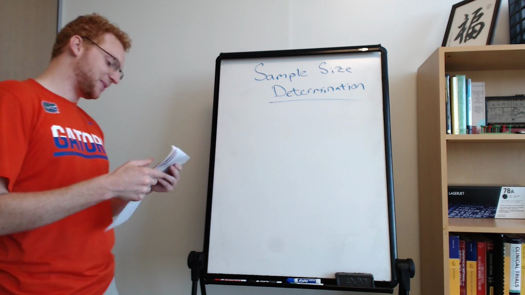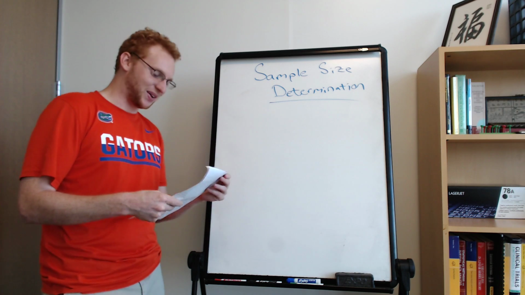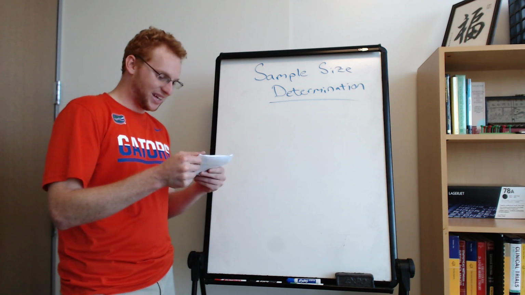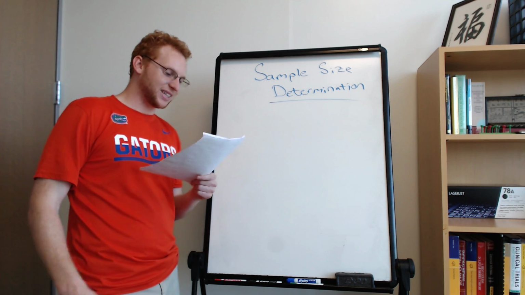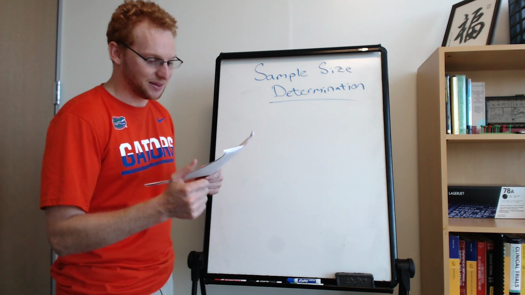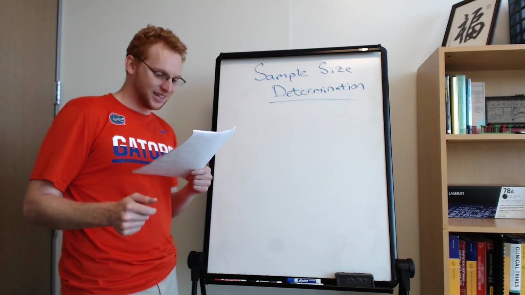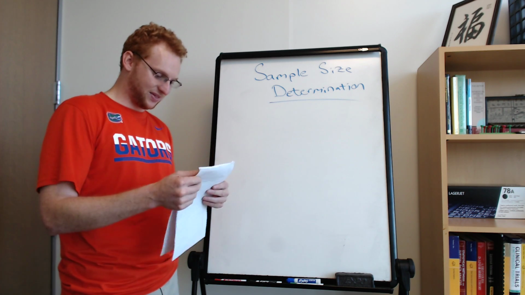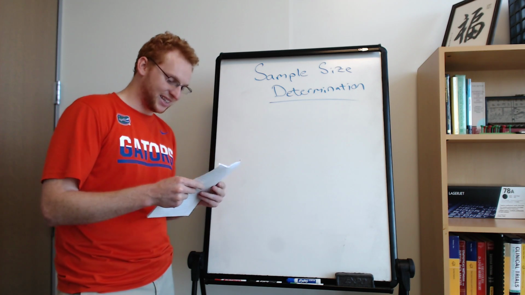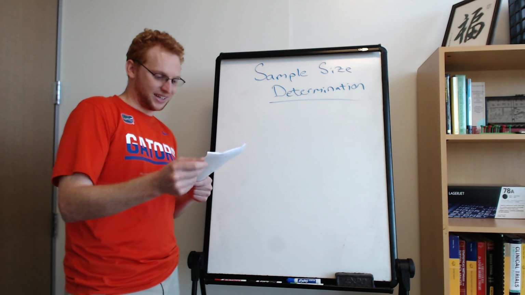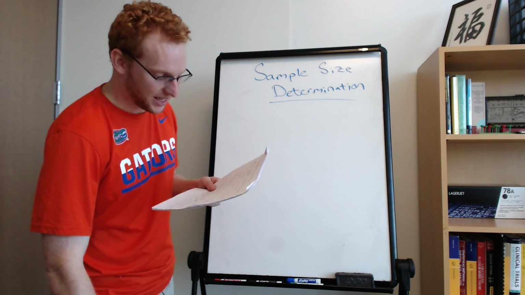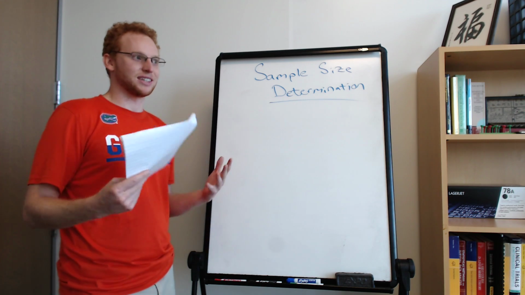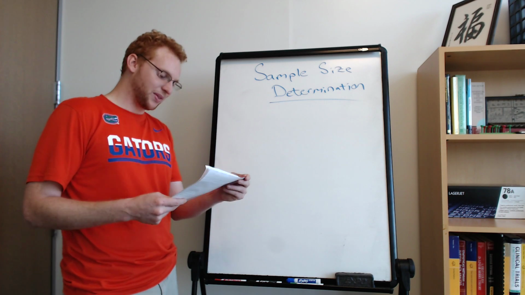So what is sample size determination? Why do we care? When would you use it? Sample size determination is to choose the number of observations or replicates to include in a statistical sample. In practice, it is calculated to find the minimum required sample size with sufficient power for some measurement or test that you're running.